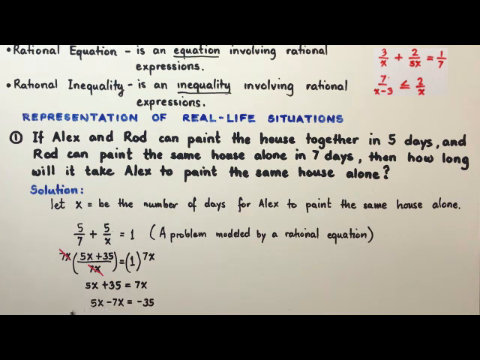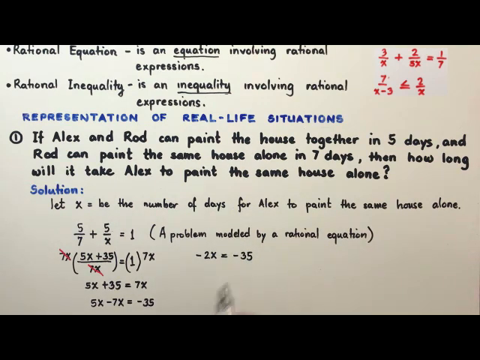And if I subtract both sides by 35, the positive 35 here will be cancelled at the left, but I will have minus 35 at the right. So subtracting these, I will have minus 2x, and this is equal to negative 35.